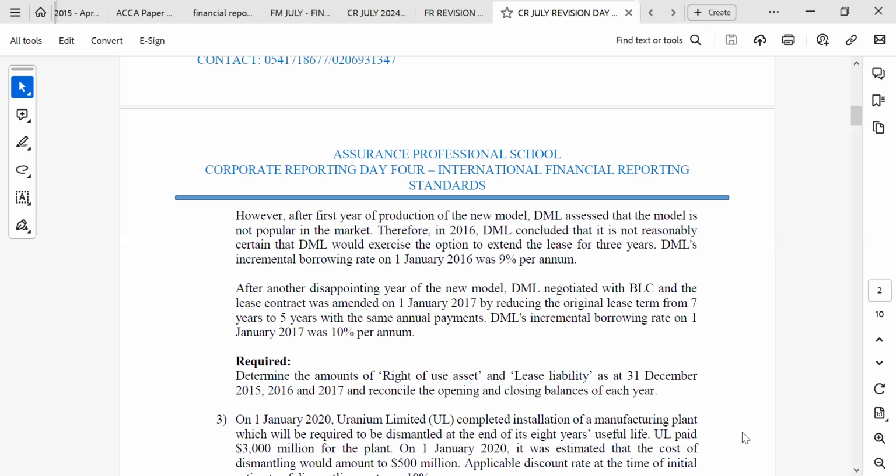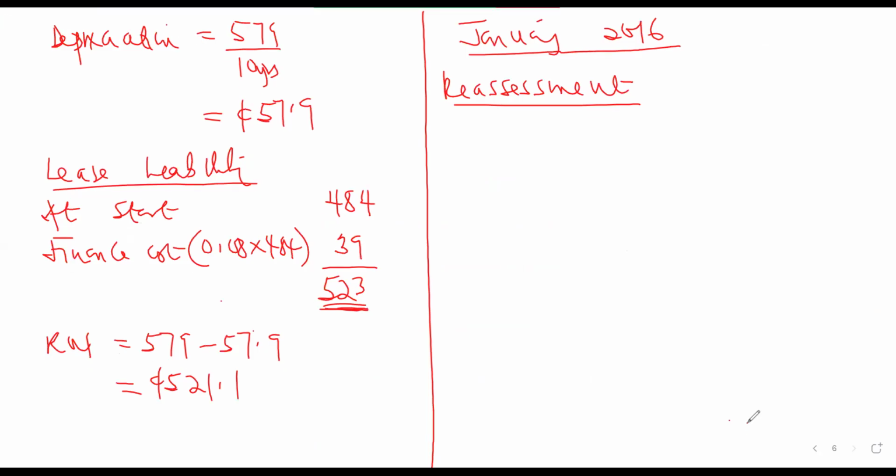So at the beginning of this year, let's bring our lease liability brought forward before we move on. The lease liability that will be brought forward will be 523 minus 80.